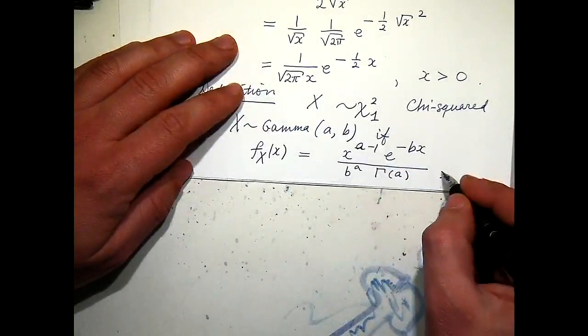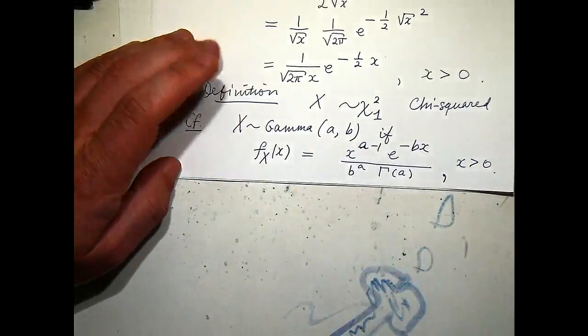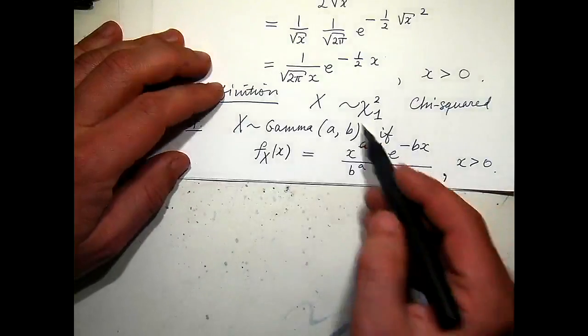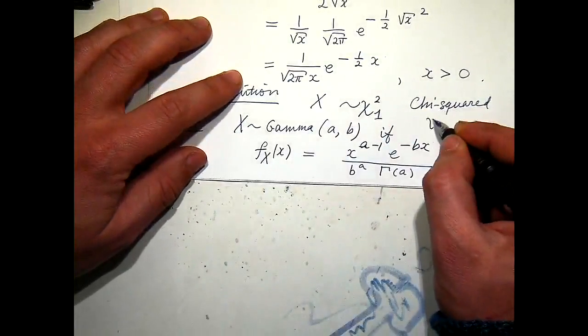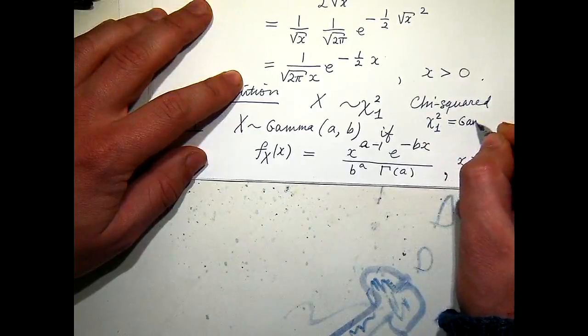Now, what is gamma of a? Once again, it's the only function, and this density is only for positive x. A gamma density is only for positive x. You can actually find that chi-squared 1, you can double check this, equals gamma.